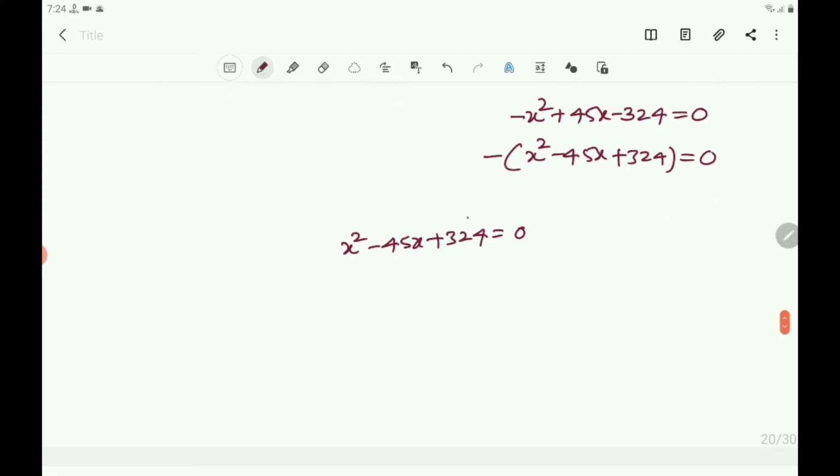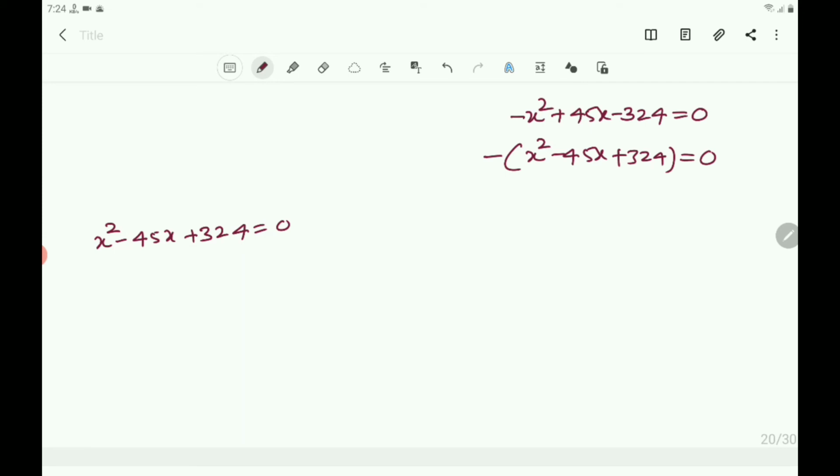Now you take the equation x square minus 45x plus 324 equals 0, and here we have to split the middle term.